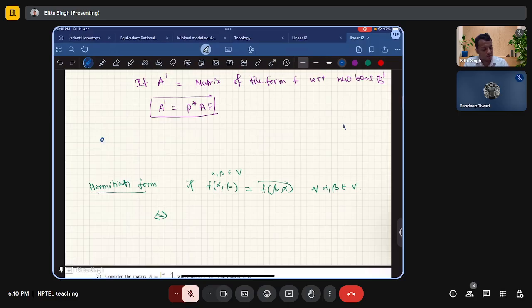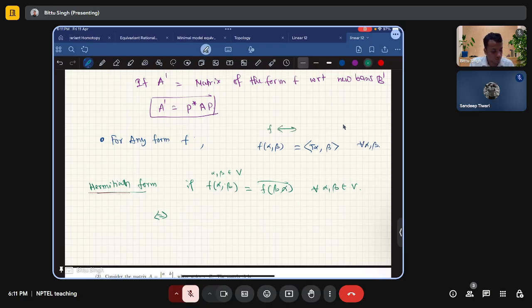Another interesting fact: given any form F, we can associate it with some linear transformation. Any form F of alpha, beta can be written as T alpha comma beta for all alpha, beta.